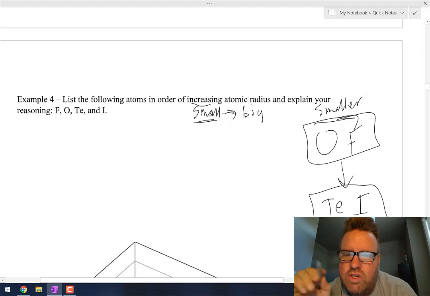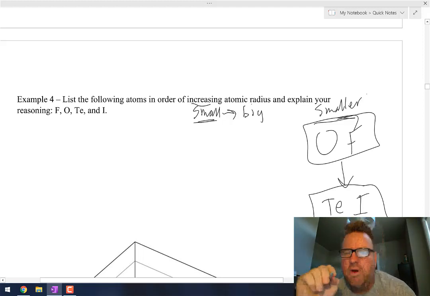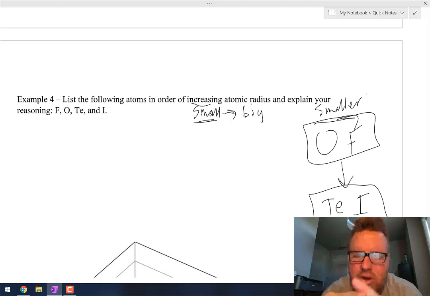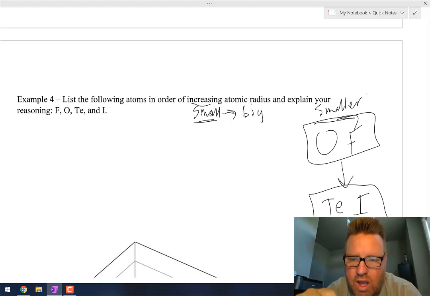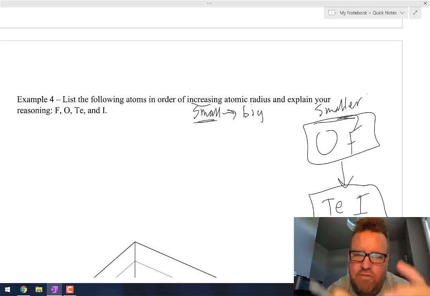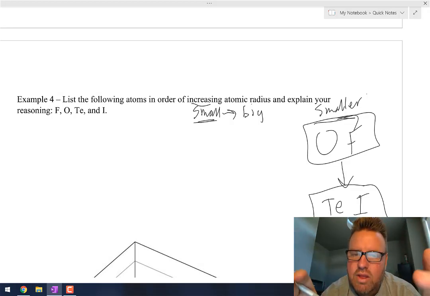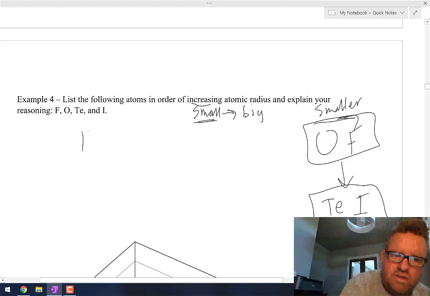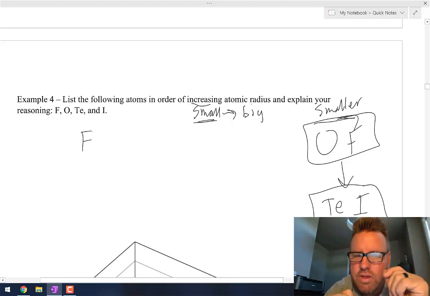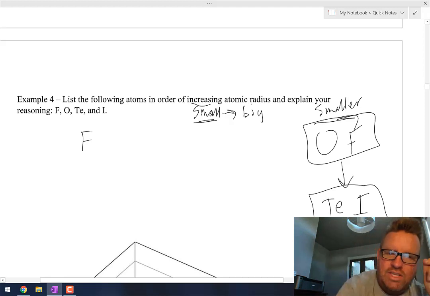Which of those two is going to be smaller than the other one? Remember, as you go across the periodic table to the right, atoms get smaller because more protons, valence electrons are in the same shell, the attraction is stronger. So fluorine of those four is the smallest. Okay, and then the next one would be oxygen.